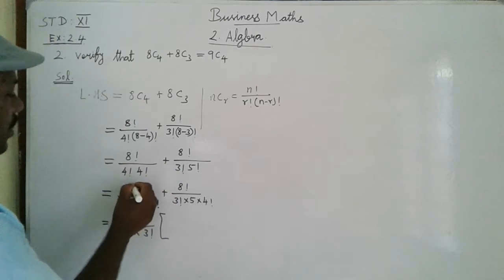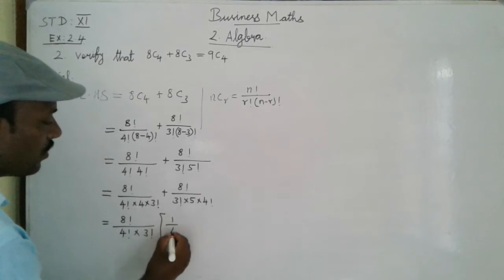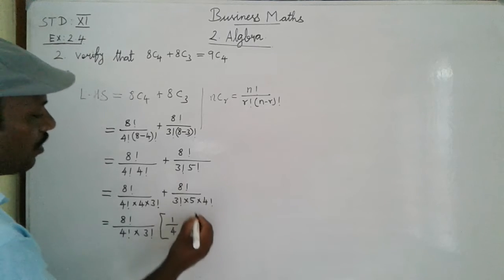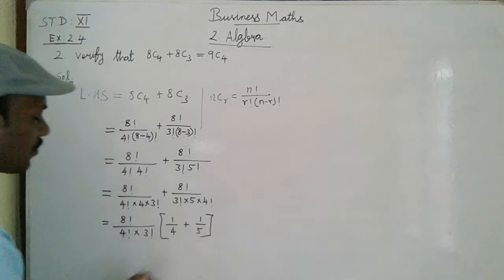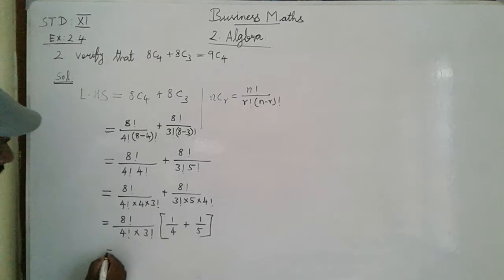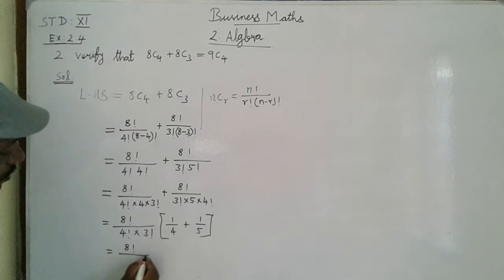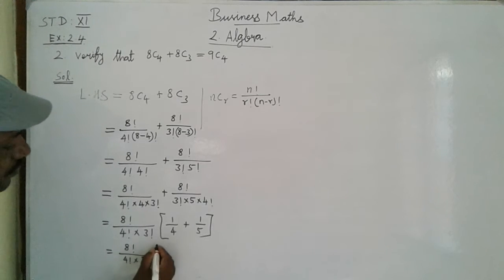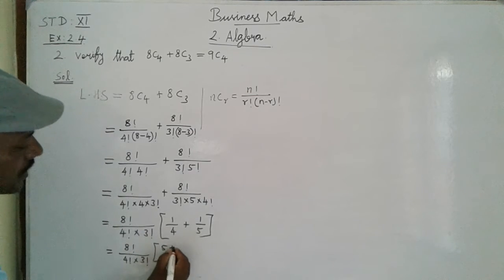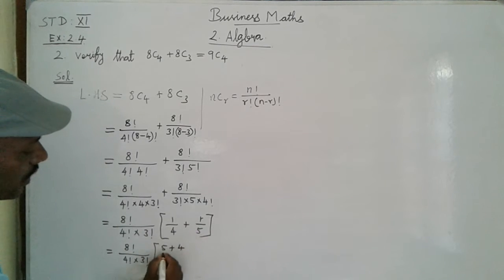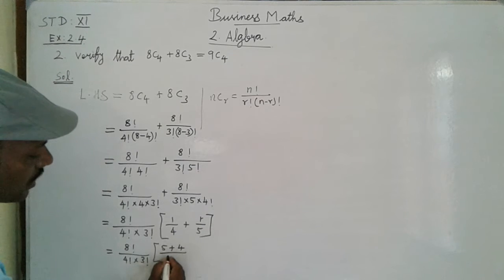Remaining is 1 divided by 4 plus 1 divided by 5. Take the LCM now: 8 factorial divided by 4 factorial into 3 factorial, 1 5 is 5 plus 1 4 is 4, divided by 5 4s are 20.